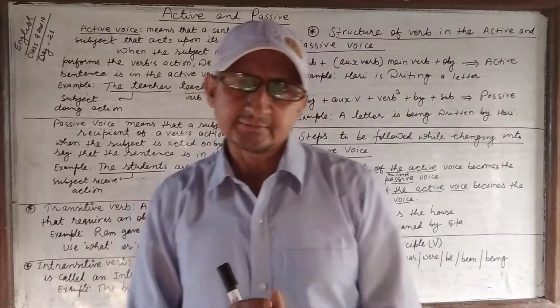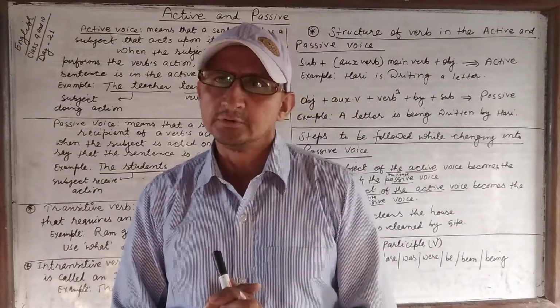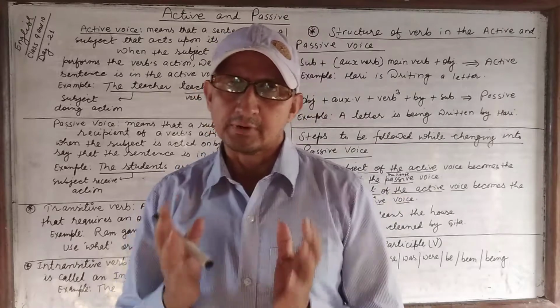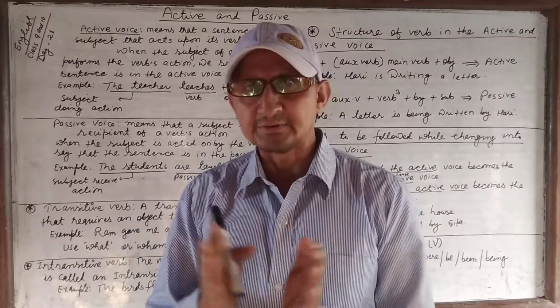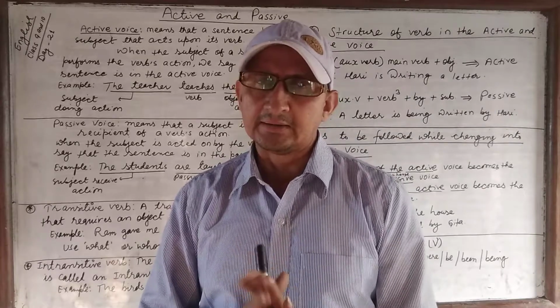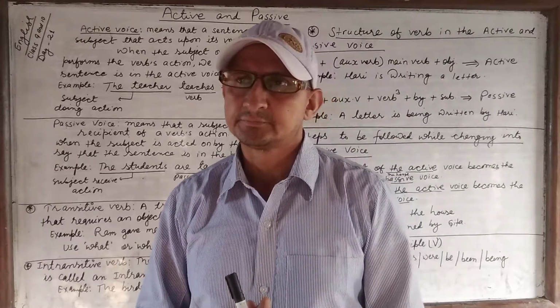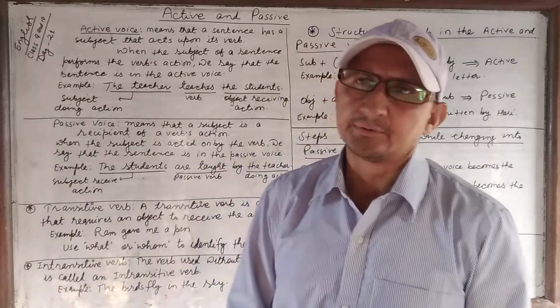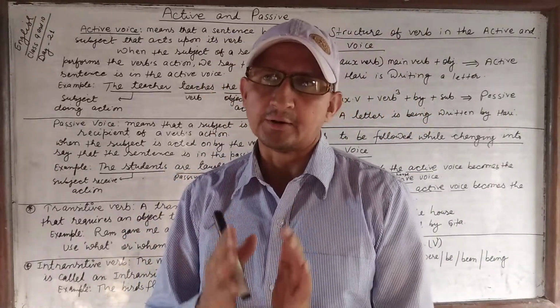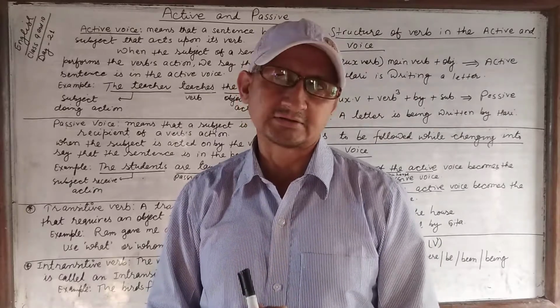The next thing you have to know is a transitive verb. While reading the active passive, you have to know transitive verb and intransitive verb. A transitive verb is a verb that requires an object to receive the action.